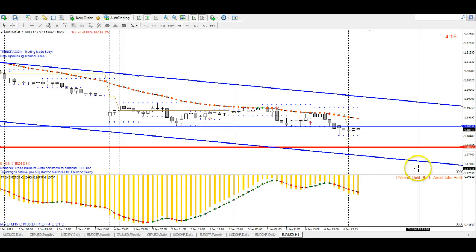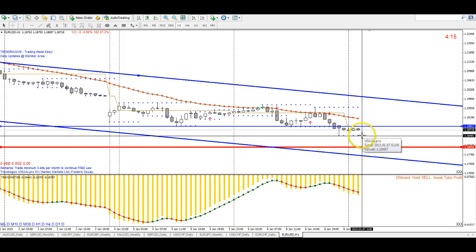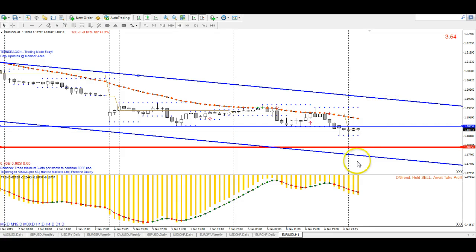So what is the downside or upside? I mean, how much money can you make? There is a 37 pip to 1800, and another 30 pip down to the trend channel line before potentially going back up. Okay, so this is what you would be looking at.